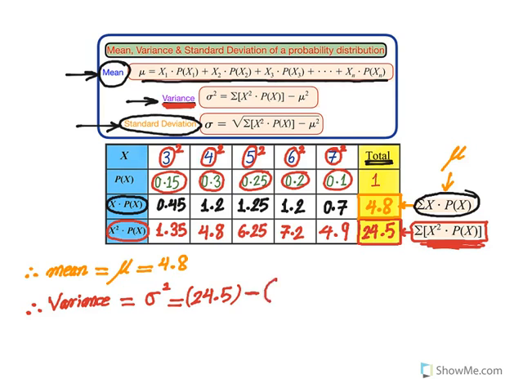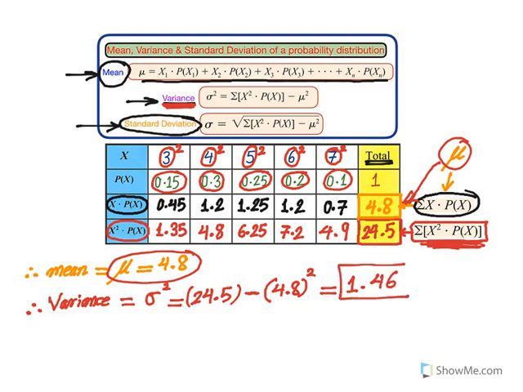Mu is the mean, which we computed here, so minus 4.8 squared. And if you do this on your calculator, you should get 1.46. And this becomes the variance.